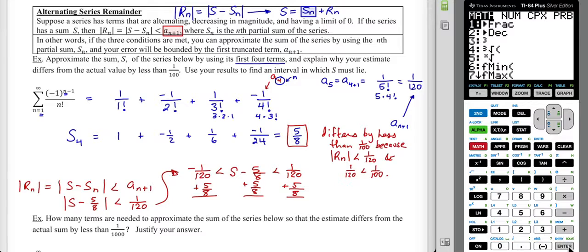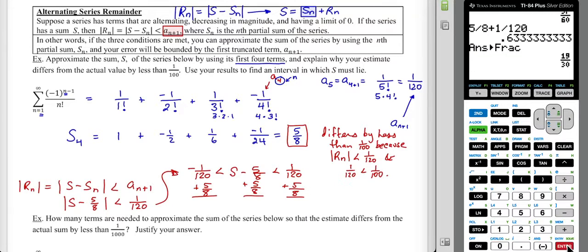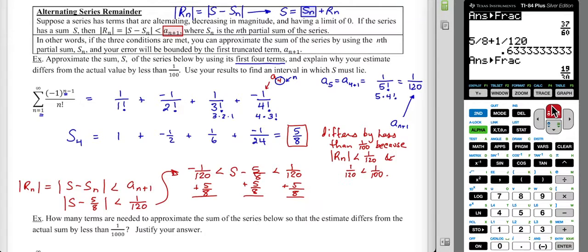So math, enter. I lost it. Let's see. 37/60ths is going to be less than S, which is in turn less than 19/30ths, which is 38/60ths. So somewhere between 37/60ths and 38/60ths is where the true sum is going to lie.